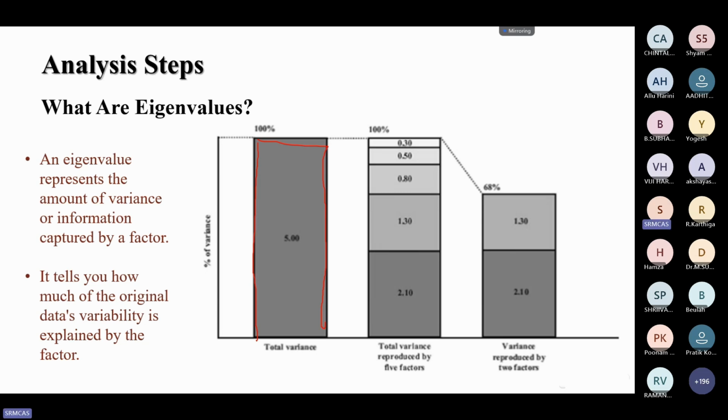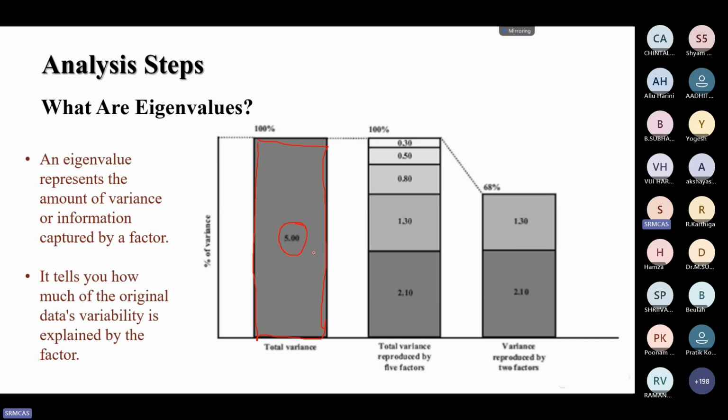For example, if we standardize the variance of all the variables, so the variance of one variable is equal to 1, then the sum for 5 variables will be 5, because the variance of each variable is standardized to 1.